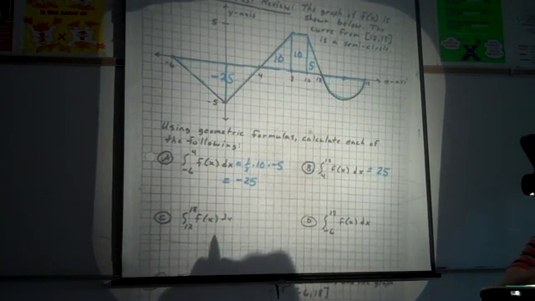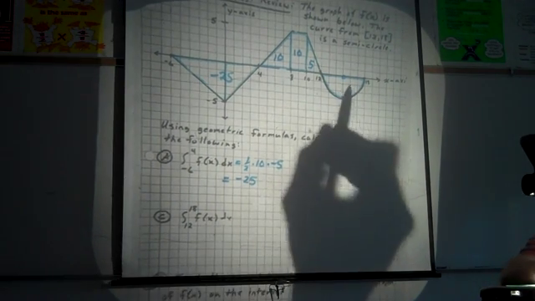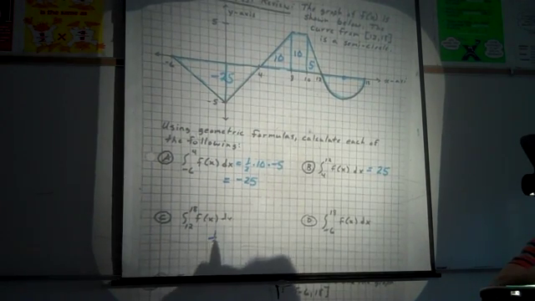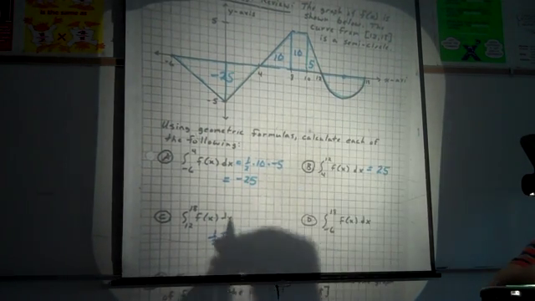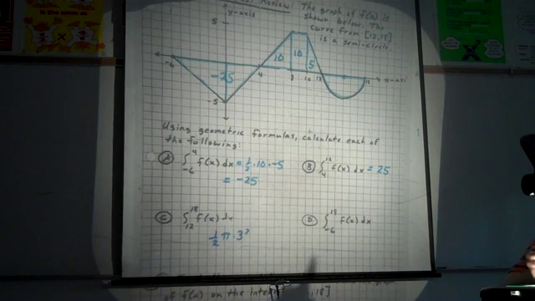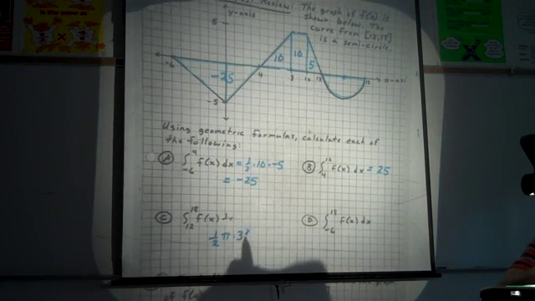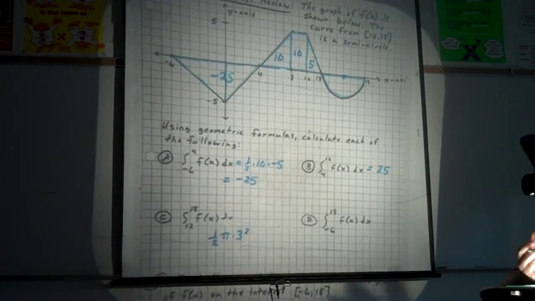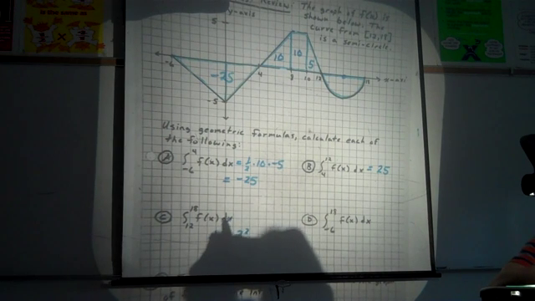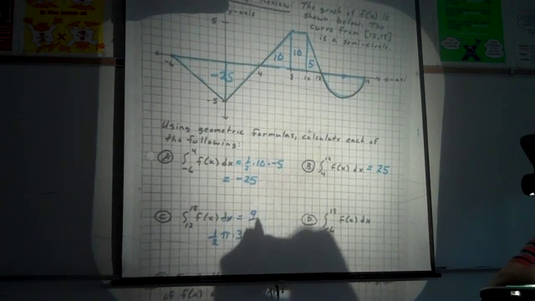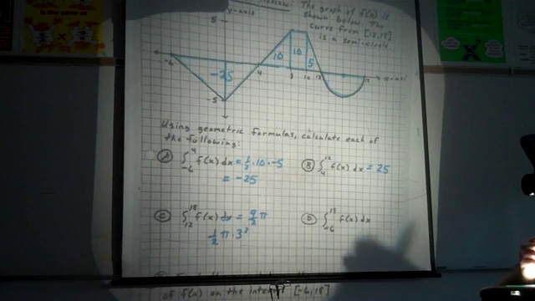So the area is going to be, and it's only half of the circle, so we're going to take half of pi r squared. So half of pi times the radius, which is 3 squared. So that's going to be 9 times half times pi, so 4.5 pi, 9/2 pi, whatever you want to call it. I'm going to call it 9/2 pi. But you could also call it 4.5 pi if you wanted to.